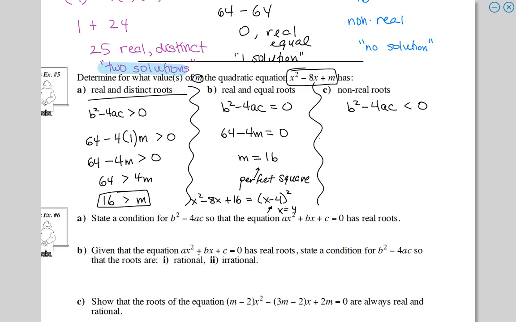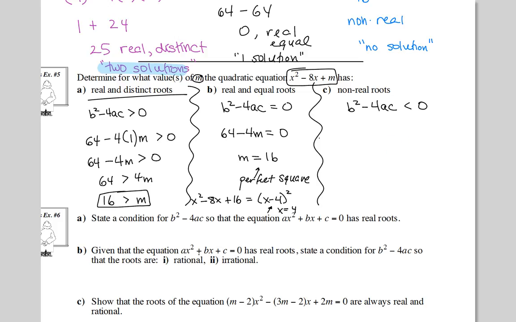It's only those rectangle factorings where the length and the width are different, right? For perfect squares, the length and the width are the same. So then this one will be identical to the other one, except instead of m less than 16, you notice the pattern here. You got less than 16, at 16, so this one logically would be more than 16.